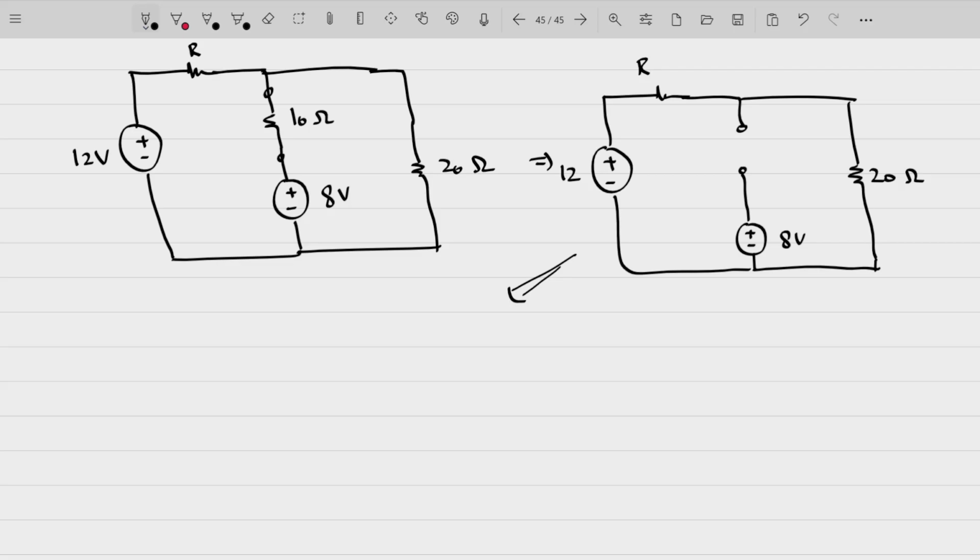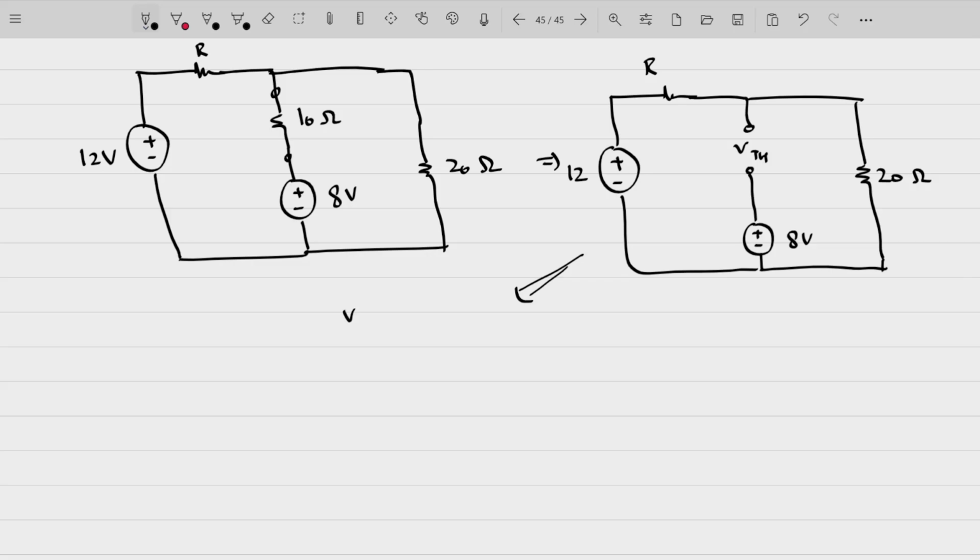So again calculating for VTH. VTH अब किसके बराबर है? यहाँ पे खाली अब R जो हमने ऑलरेडी पहले निकाला था 20 ohms, वो भी आप भूल जाओ. VTH is equal to, यहाँ से करंट से फॉर एग्जांपल I फ्लो हो रही है, 12 minus IR is the voltage at this point, and minus 8, it is the voltage at this point.